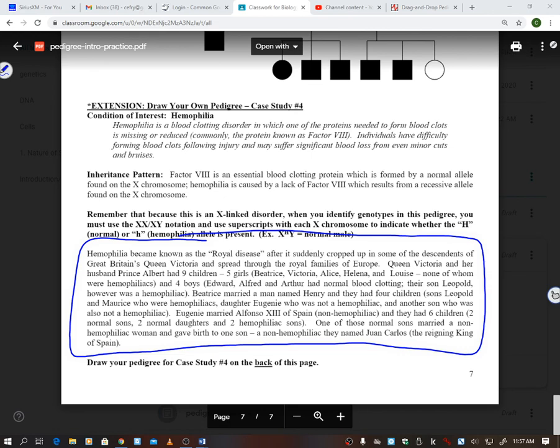When you're setting this up, if I have a circle and a square, this is XY, whereas this is XX. And then we're looking at what's on top of this, only the X's. I do not care about the Y, because the gene for hemophilia is not on Y, it's on X.